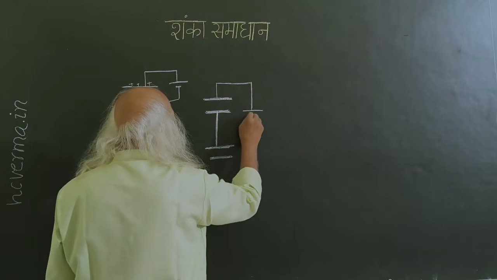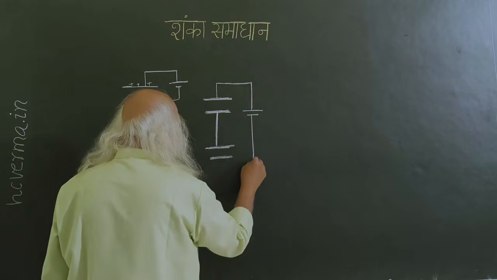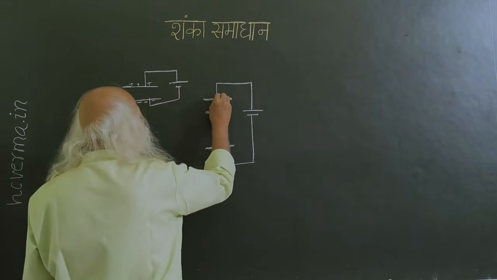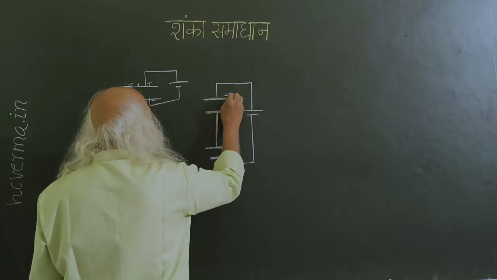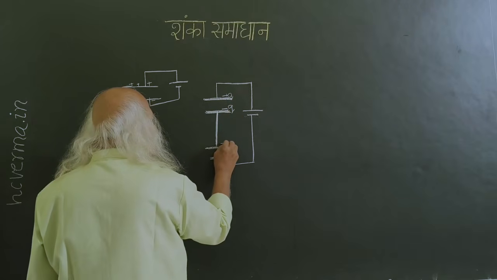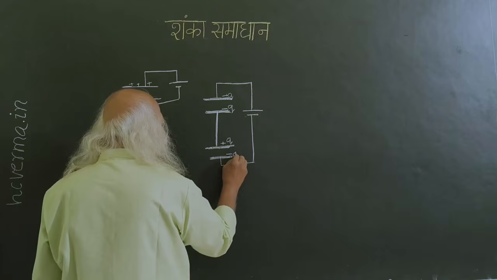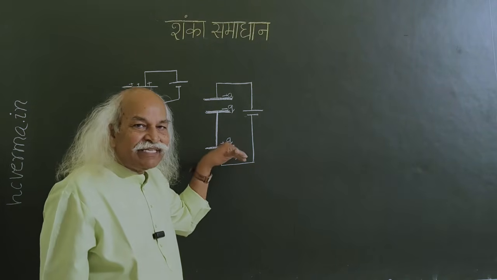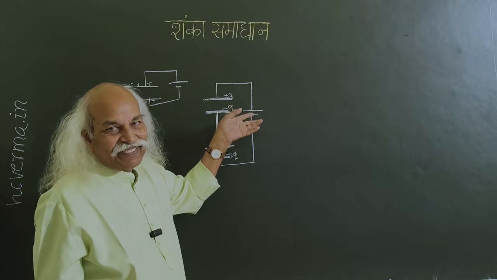So it is like this. And then we say that plus Q charge appears on this plate, minus Q appears on this plate, plus Q appears on this plate, minus Q appears on this plate, and this is how the charge distribution is taken, and then you calculate the equivalent capacitance and all those things.